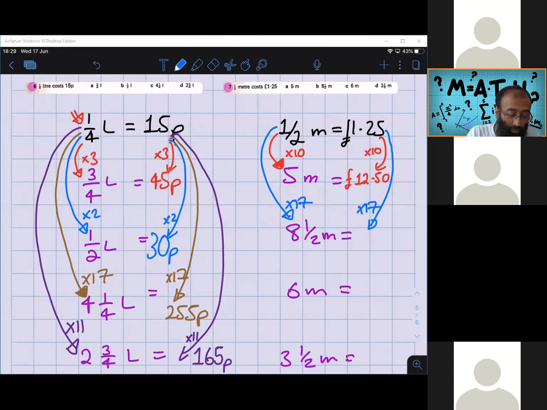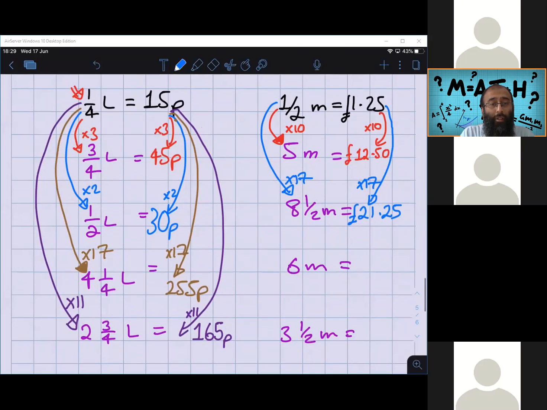You should ideally do this on a piece of paper or on your pad somewhere, just to save a bit of time in the lesson. What do you get? £21.25. Yeah. Okay, beautiful. Very nice.